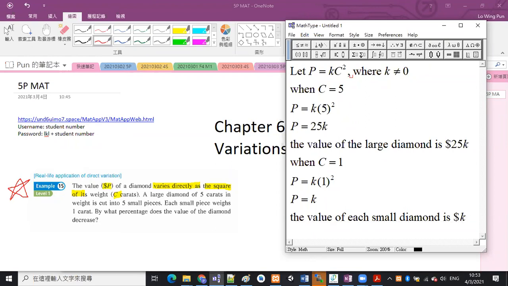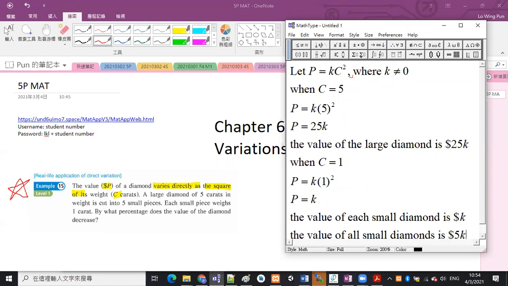但係佢問你，我哋有5粒嘛。Therefore the value of all small diamonds should be $5K, because each of them has value of $K and there are 5 small pieces.